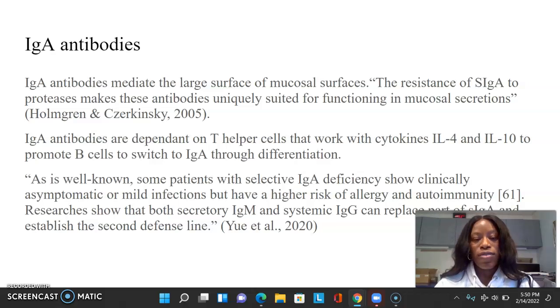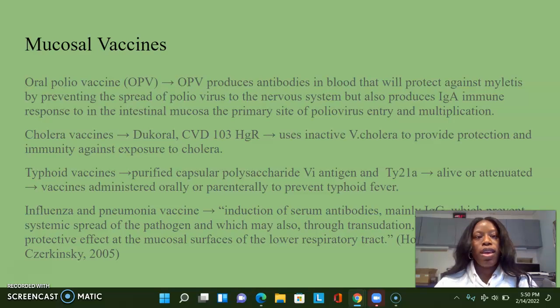If there is a deficiency in IgA, IgM and IgG can replace part of IgA and establish a second line of defense. We also have mucosal vaccines, which have been around for years.